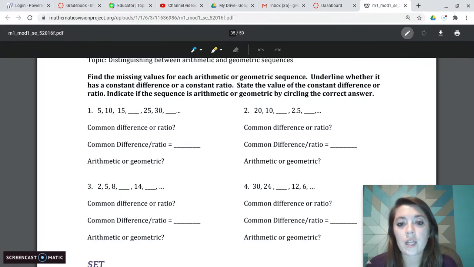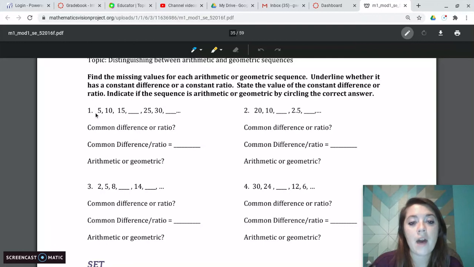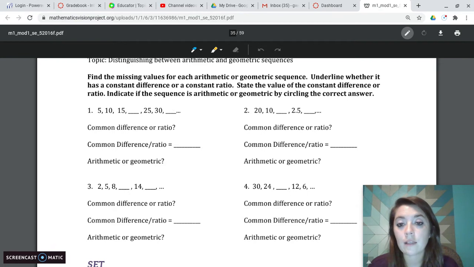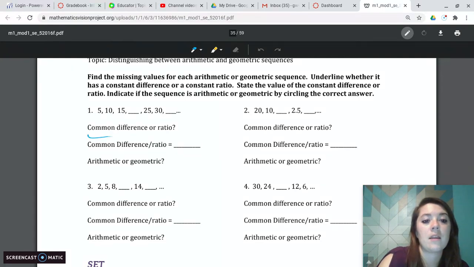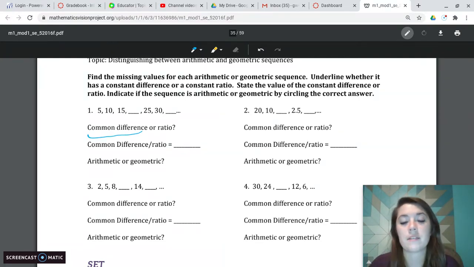So if we look at number 1, we're going from 5 to 10 to 15 to something to 25 to 30 to something. So what are we going up by every single time? Are we adding or are we multiplying, first of all? We are adding, so we have a common difference.